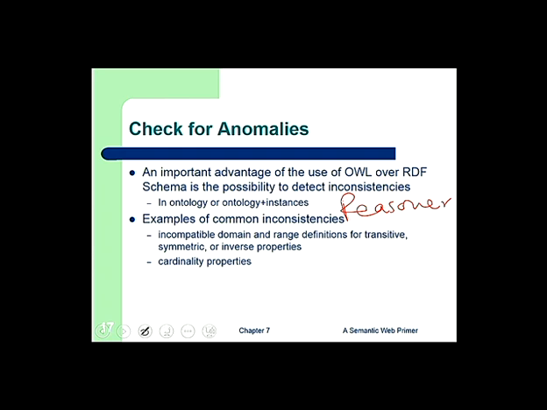So examples of common inconsistencies: incompatible domain and range for transitive, symmetric, or inverse properties. So we may have incompatible domain and range definitions. Let's say there's a transitive property, okay, or a symmetric property, we did not give proper domain and range. They are incompatible. Cardinality properties, the number of values, we have given some.